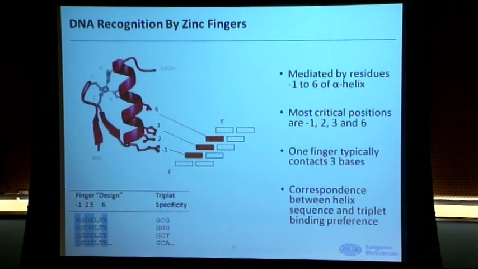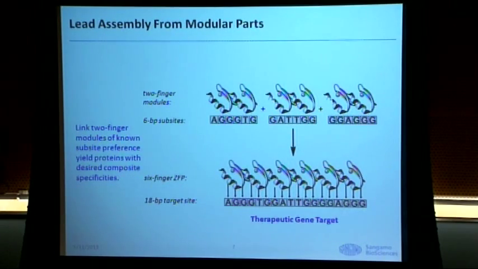Nature, of course, never plays that easily, and in this particular situation, that's true also. So to make life easier, we use a 2-finger module array to build proteins. By having the 2 fingers next to each other, we ensure that each of those 2-finger modules has been pre-characterized to play nicely together, so that there are no conflicting interactions between the 2 fingers.